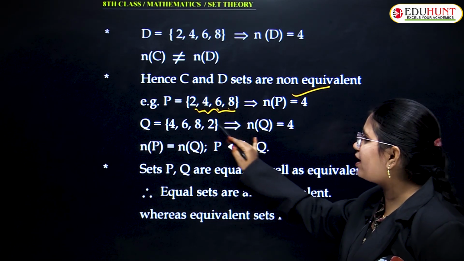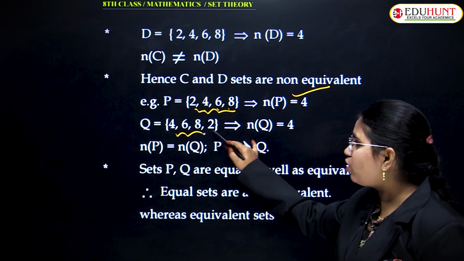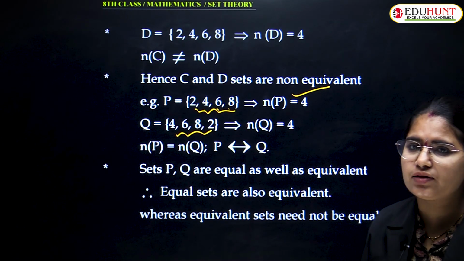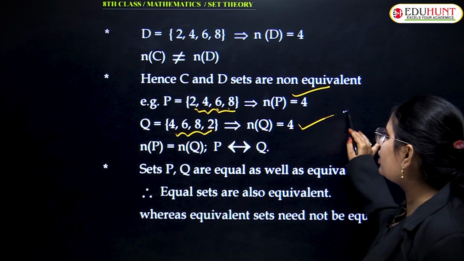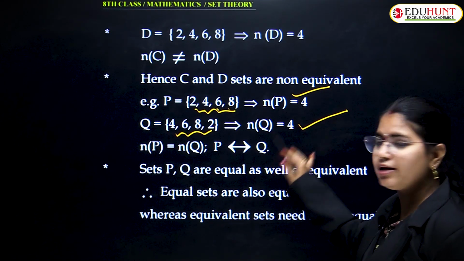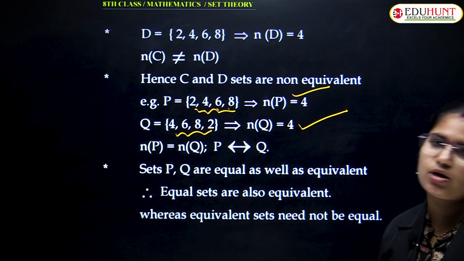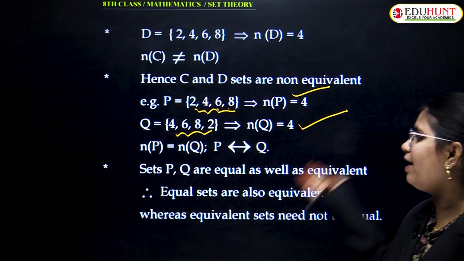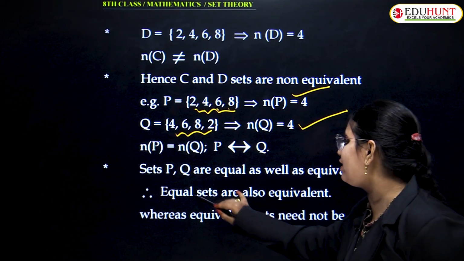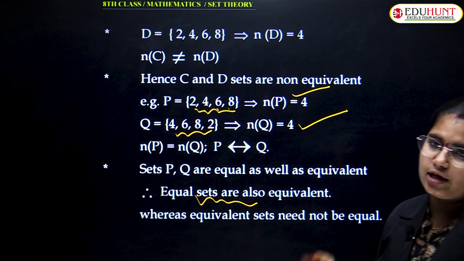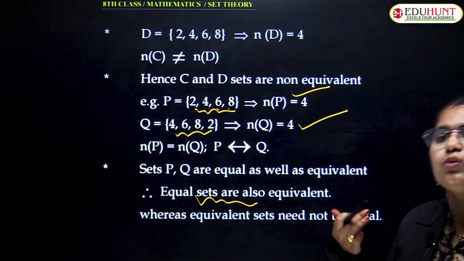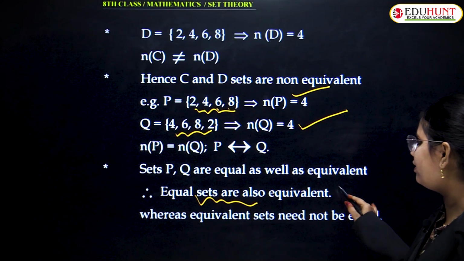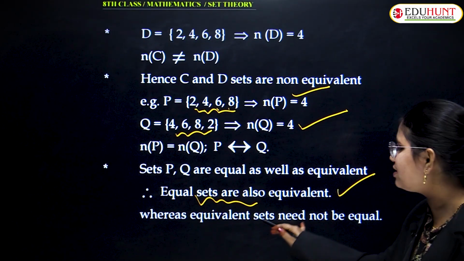Similarly Q = {4, 6, 8, 2}. Maybe the order is different, but here also the cardinality of Q is equal to 4. Are these both equivalent sets or not? Of course they are equivalent sets, and at the same time they are equal sets too. So what I mean to say is equal sets are equivalent, but equivalent sets need not be equal.